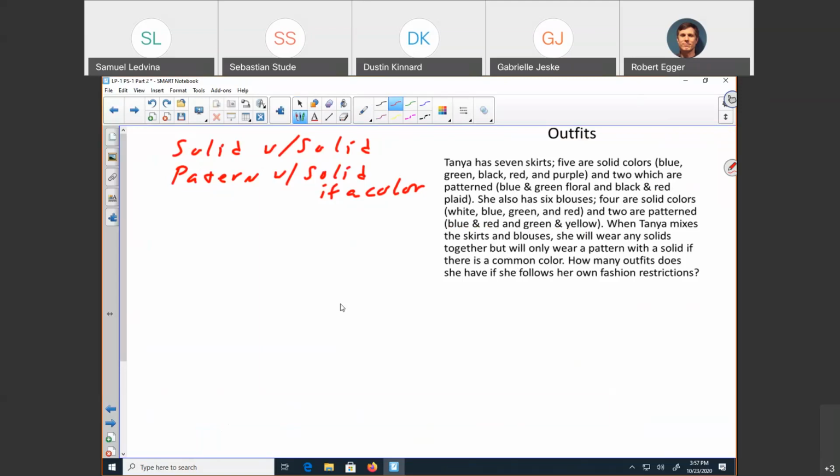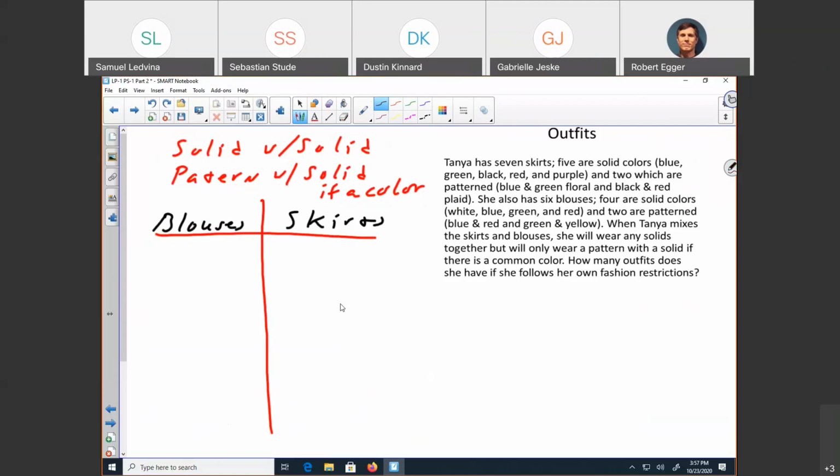So I chose to do this in a slightly different way, and you may have a better way of doing it by all means. So I have my blouses and skirts. Good. So what blouses do we have?